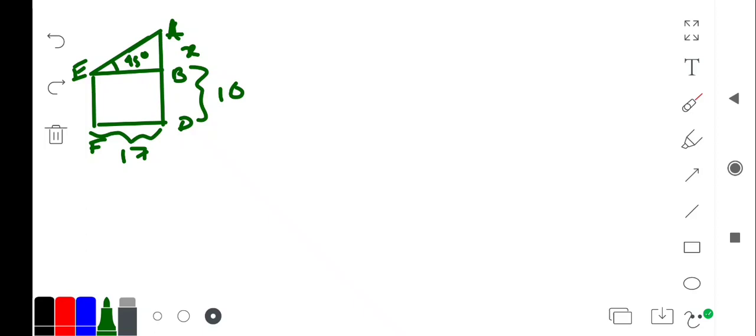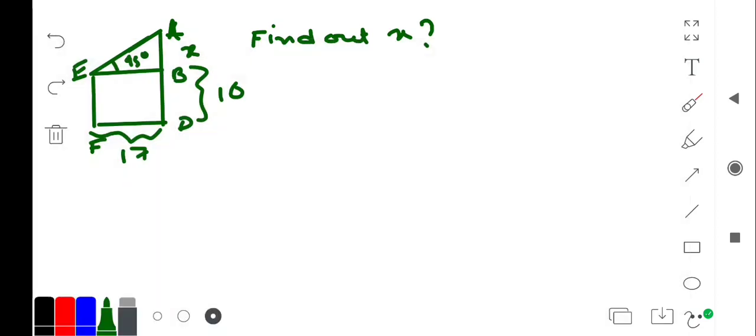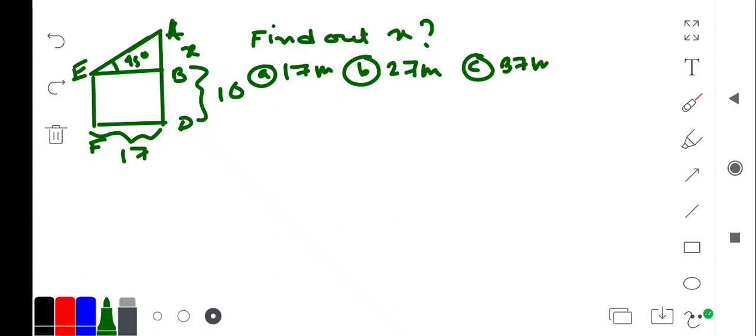Okay, now we have to find out X. Option A is 17 meter, option B is 27 meter, option C is 37 meter, option D is 47 meter.